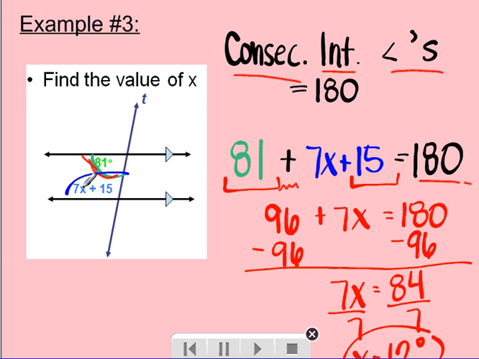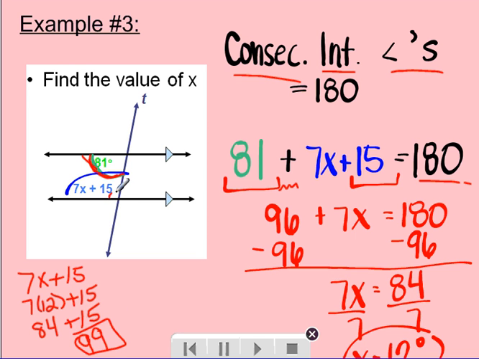All right, once again, let's check. This one tells us that this angle is 81. So let's plug 12 in for x. 7x plus 15, 7 times 12 plus 15. 7 times 12 is 84. If we add 15 to that, we end up with 99.